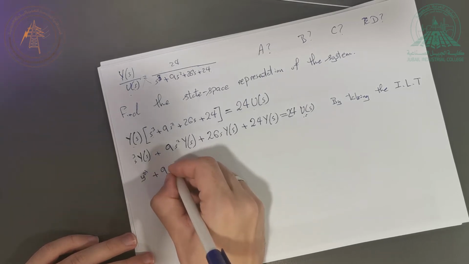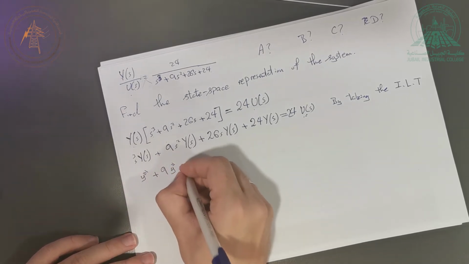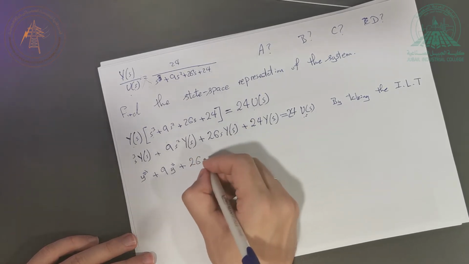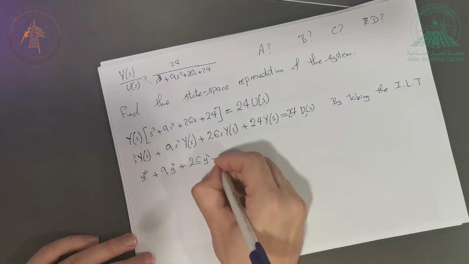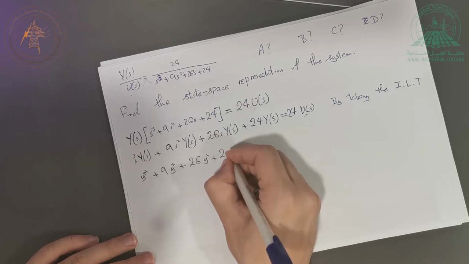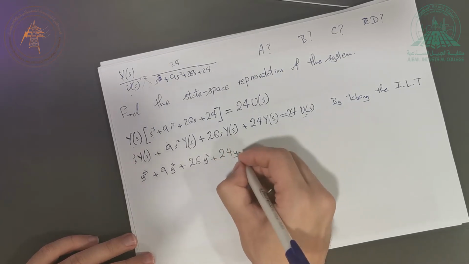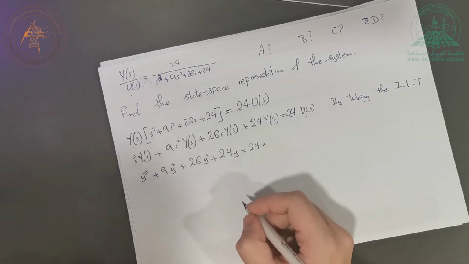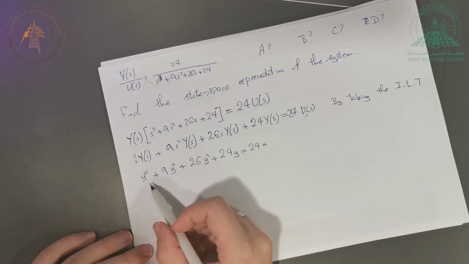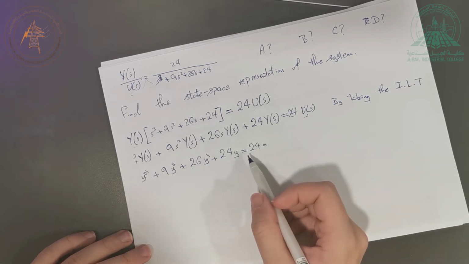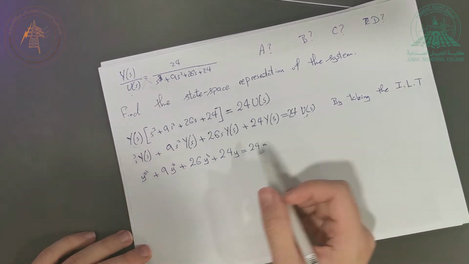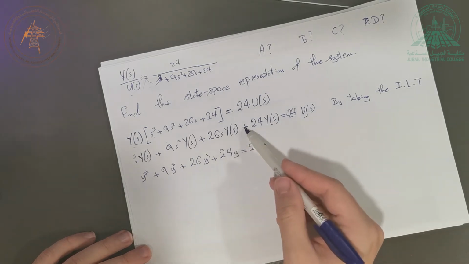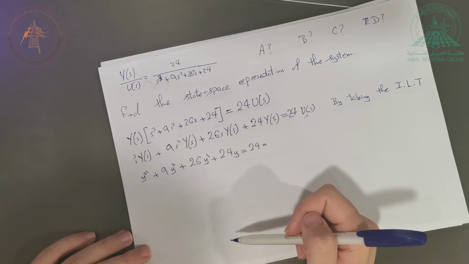So it is y double prime plus 26 s y of s means it is y prime, first derivative, plus 24 y equals 24u. And notice here I'm writing small letters because this is the time domain right now, because by taking the inverse Laplace transform, I go from the frequency domain to the time domain.